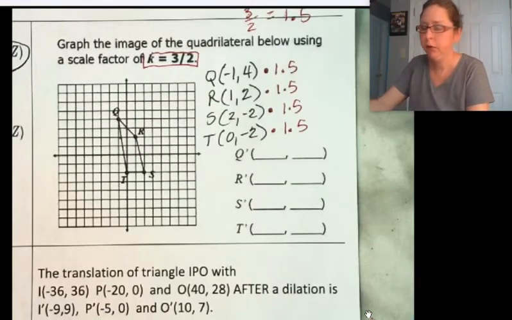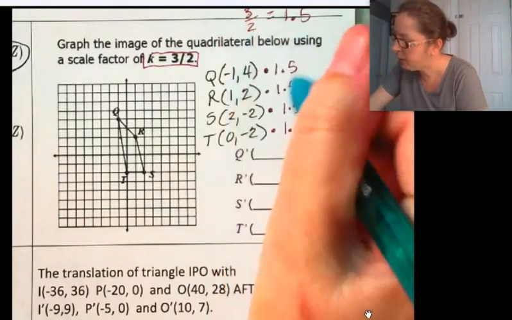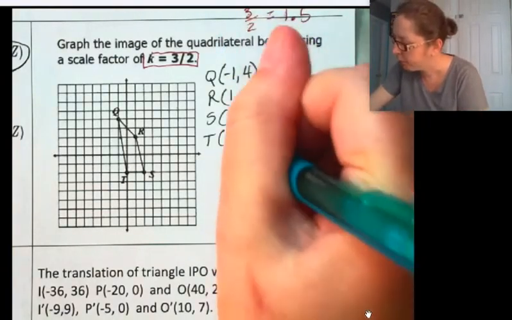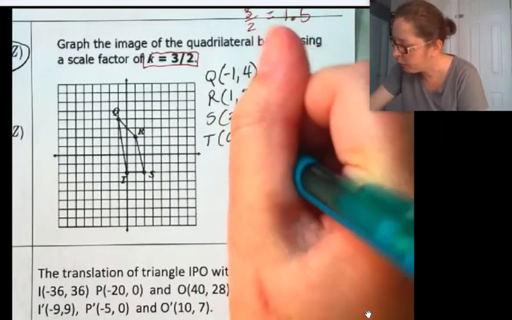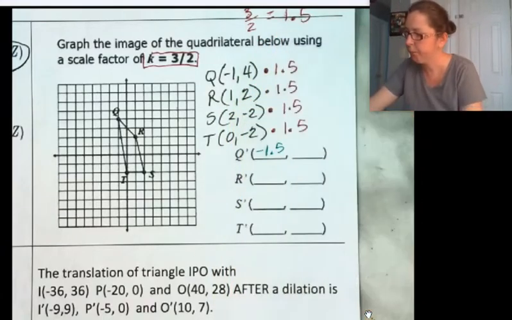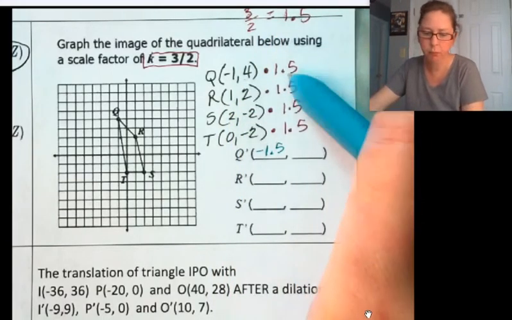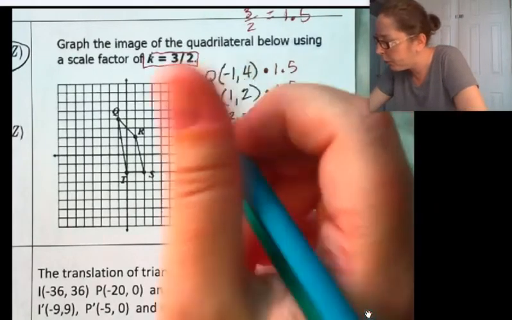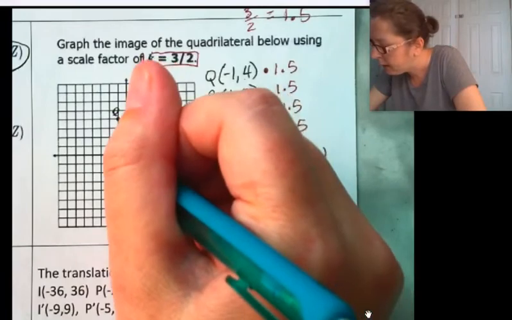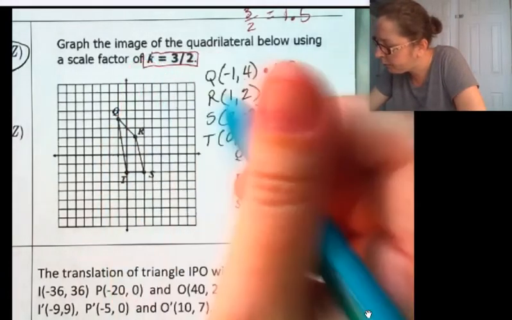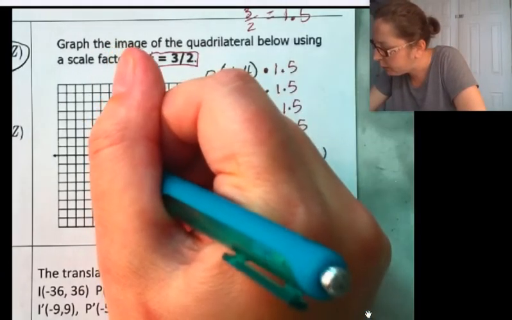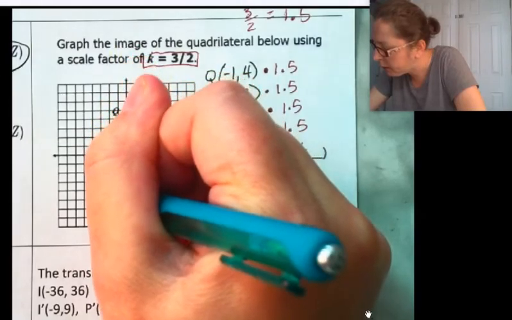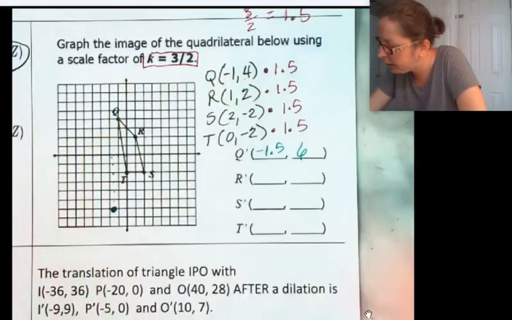Okay, so -1 times 1.5 is -1.5. 4 times 1.5 is 6. So let's plot that ordered pair. -1.5 and down 6. 1, 2, 3, 4, 5, 6 is right here.